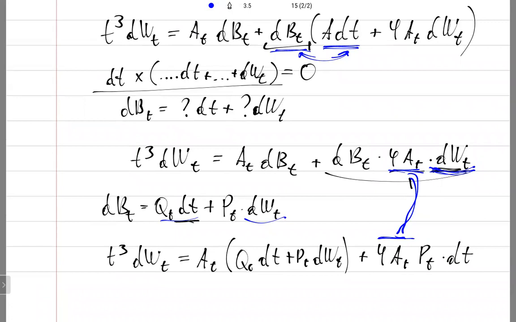So what are Qt and Pt? Functions of time. We don't know yet. But what can they be? Functions of time and Ito's process, or what? Every Ito process, which we are studying, is a sum of two integrals, a Riemann integral and an Ito integral.